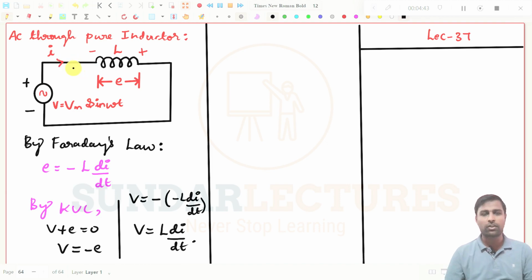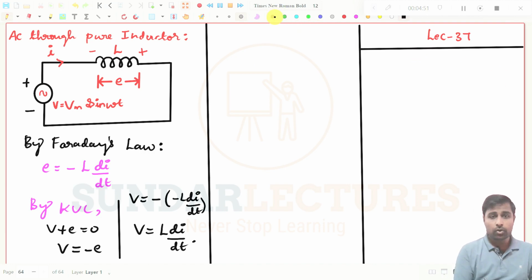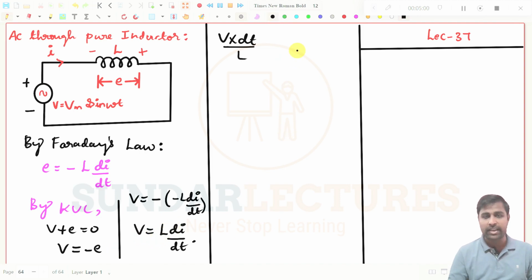If you want to find I, I bring V into dt divided by L to the other side, which is equal to di. Now I integrate on both sides.